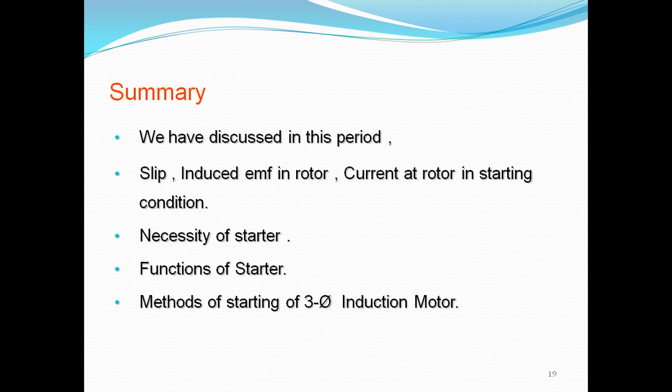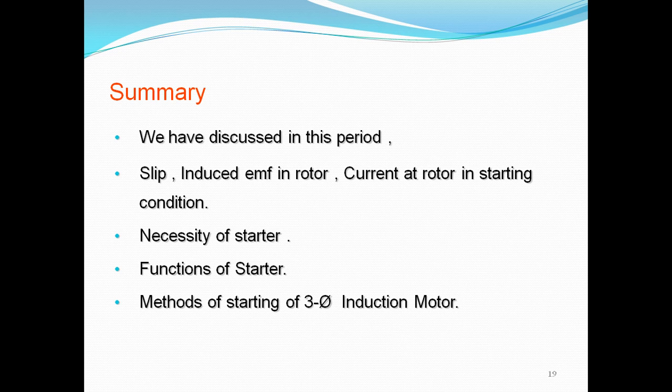An automatic push button starter will be there, which is used as a time delay relay. That is, star to delta connections takes place automatically. So this type of starters are employed for starting induction motors operating between 4 kilowatts and 50 kilowatts.